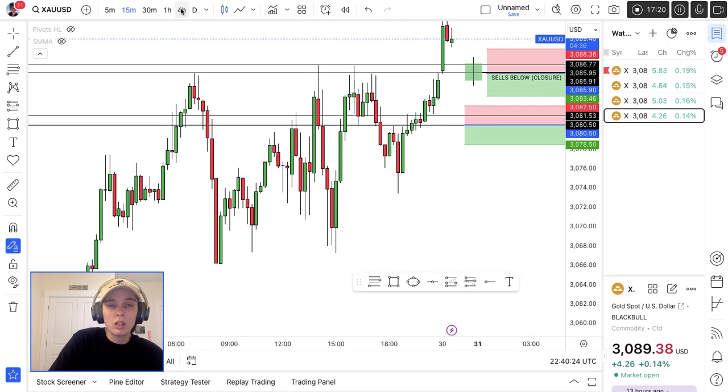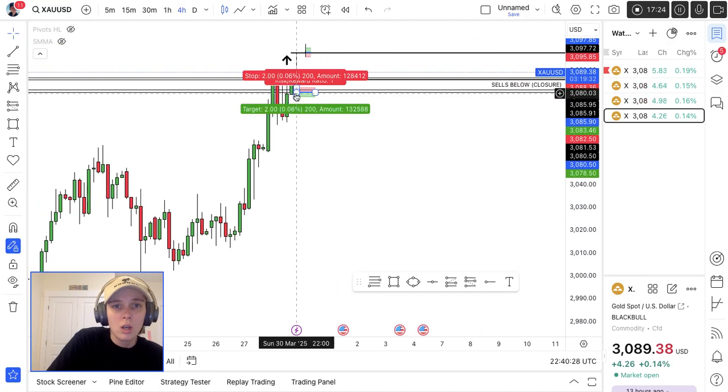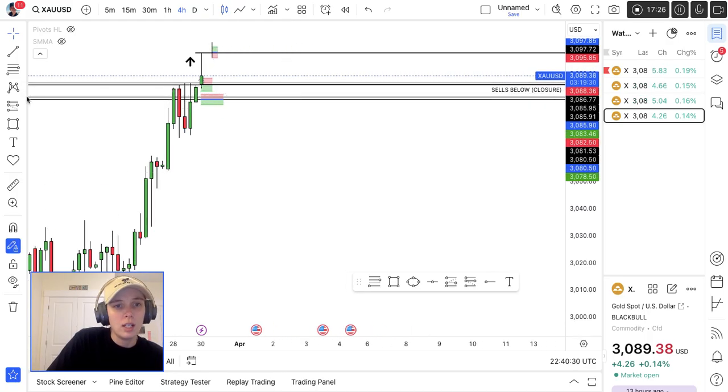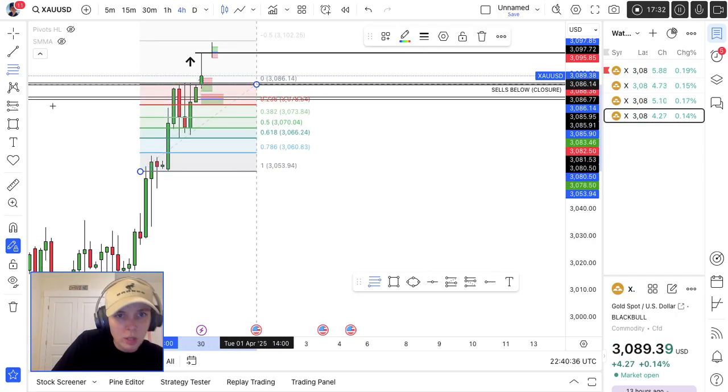The Fibonacci, some of y'all might be familiar with it. If you look very closely on the 4-hour time frame, we are currently having a Fibonacci play.